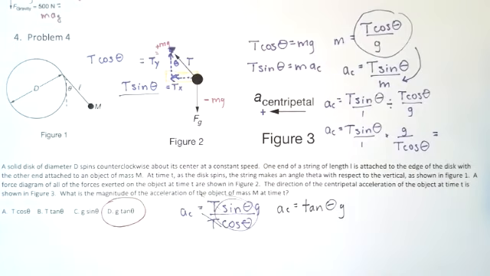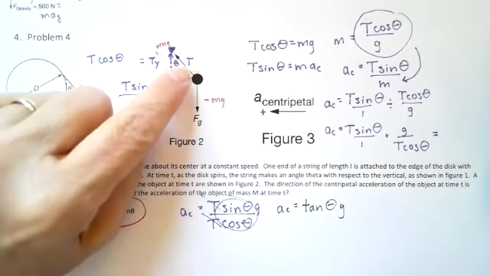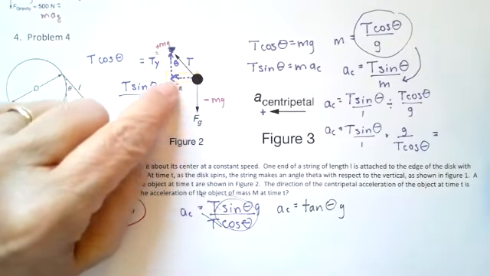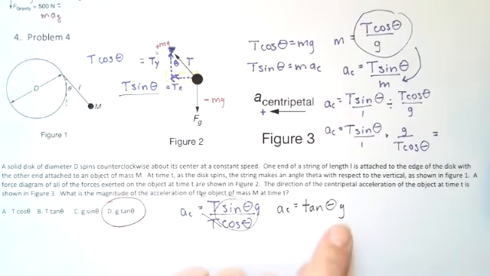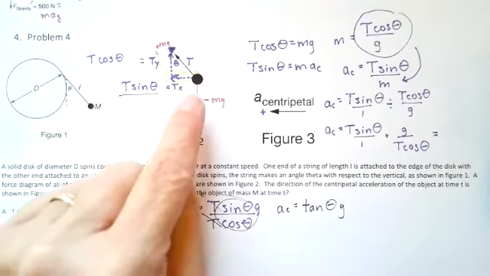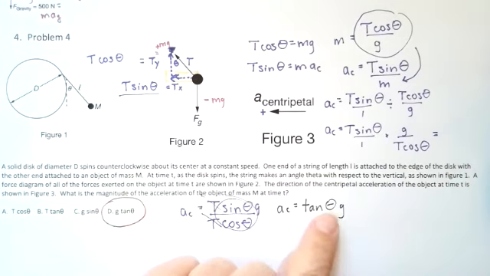All I need is the angle, and that's going to give me my centripetal acceleration. So anytime you have an object that has an angle to the vertical, and the centripetal force is supplied with a partial this way and a partial that way, you could use gravity times tangent of the angle.